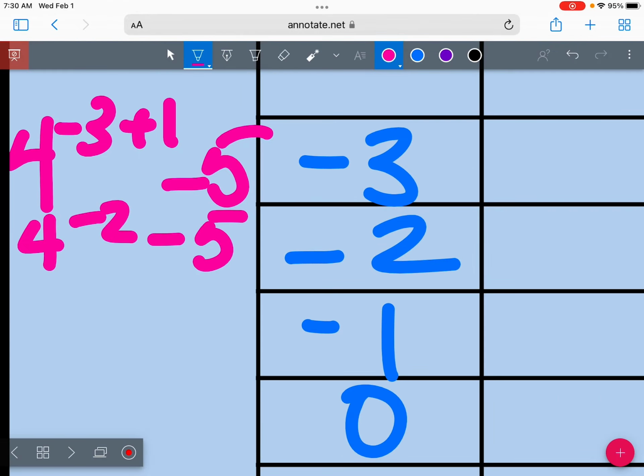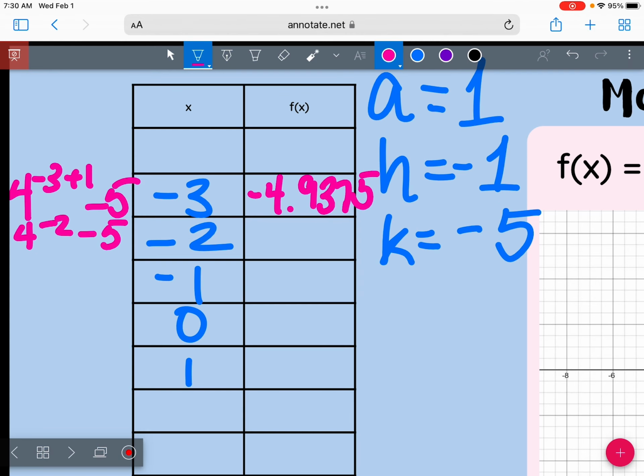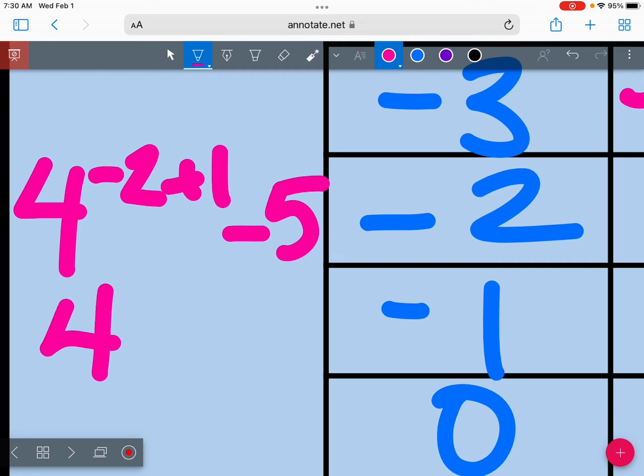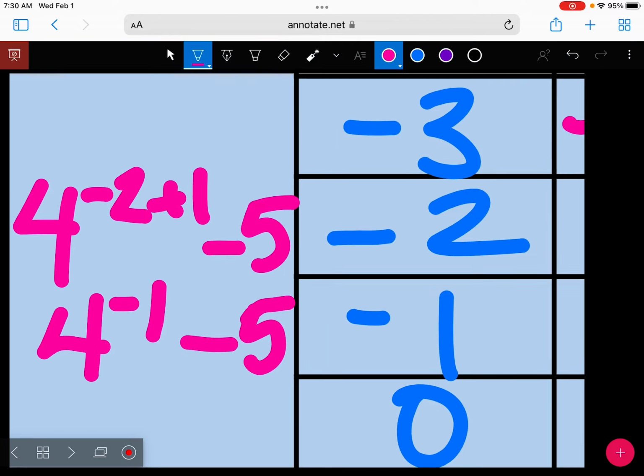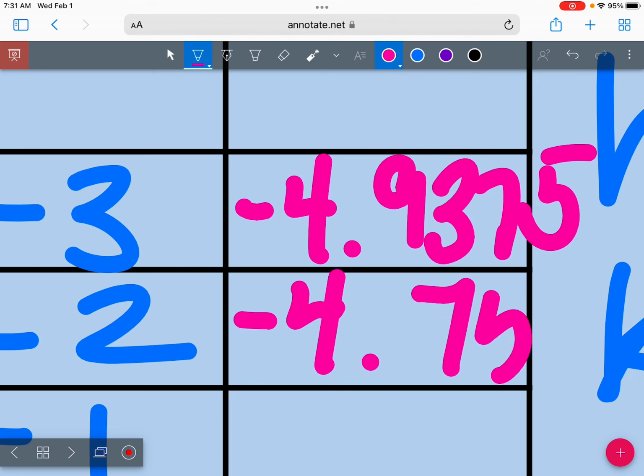When you plug that in your calculator, you should get something like -4.9375. Okay? Alrighty. And then when we plug in -2, we get 4 to the -2 plus 1 minus 5. 4 to the -2 plus 1 is 4 to the -1 minus 5, which is 1/4 minus 5, which you should get something like -4.75 when you plug it in the calculator, okay?